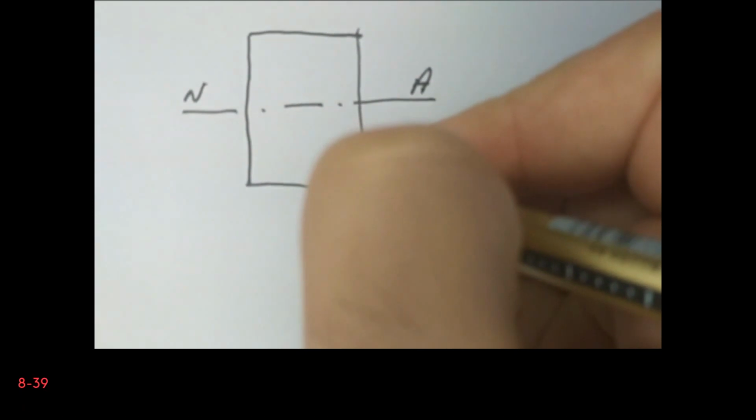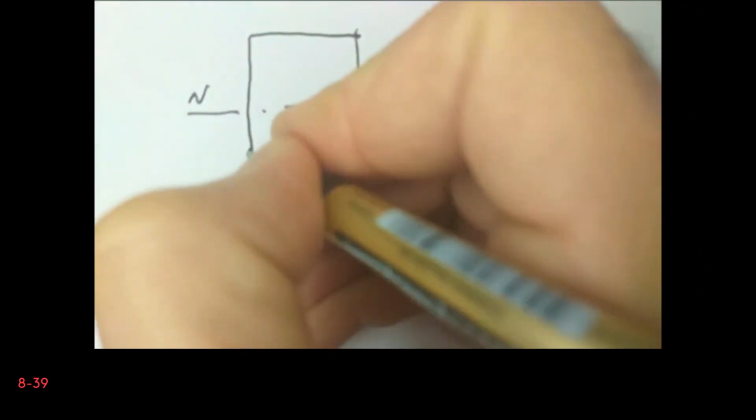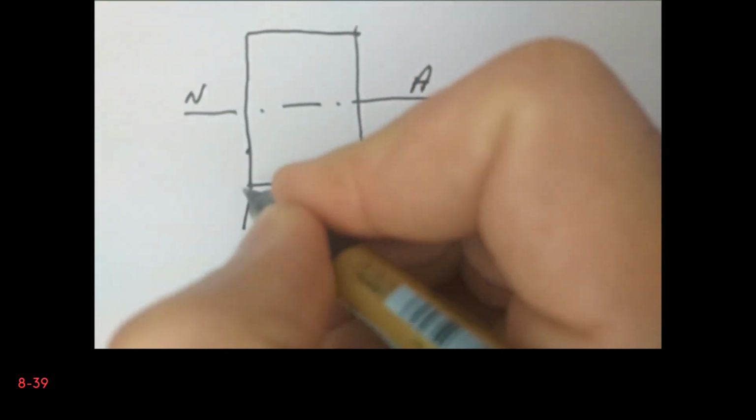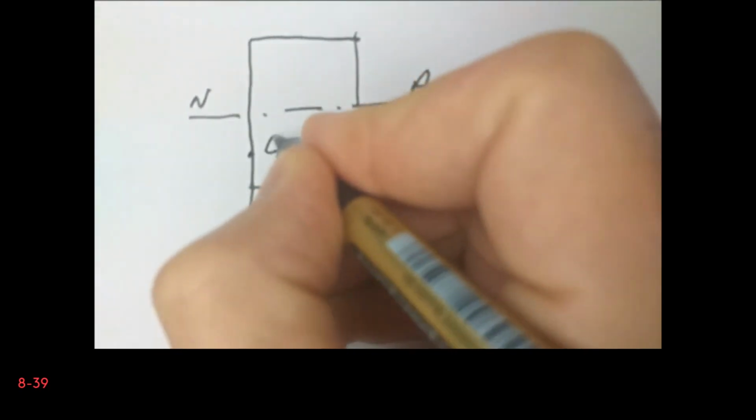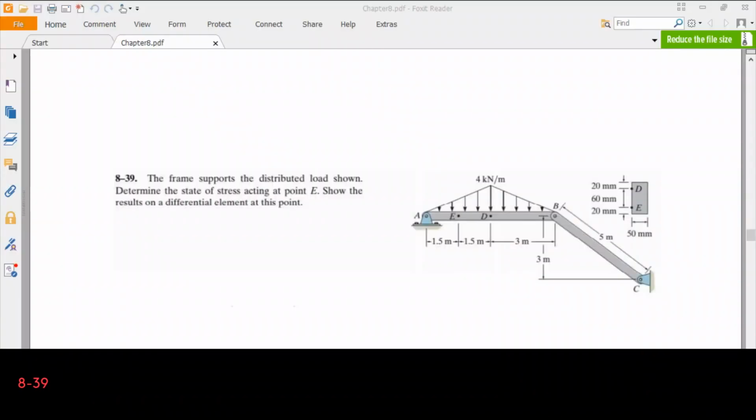Let's say that this is B. B is given as 50 millimeters, so it is 0.05.